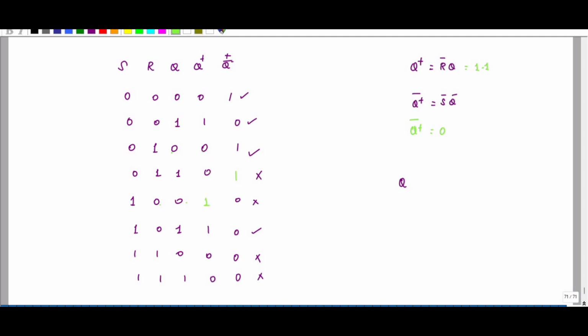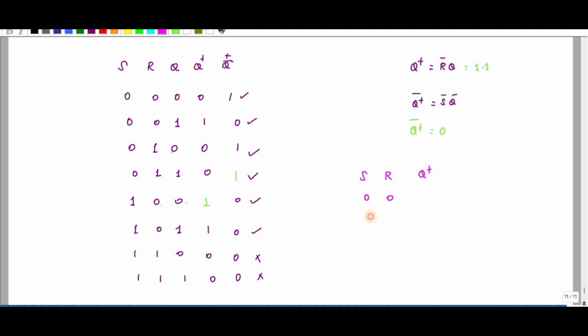Okay, so therefore this state is a valid state. Okay, it becomes a valid state. So I can replace this whole circuit with a state diagram as SR, q plus.